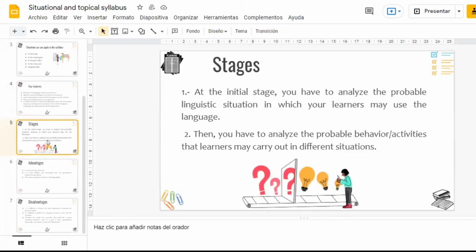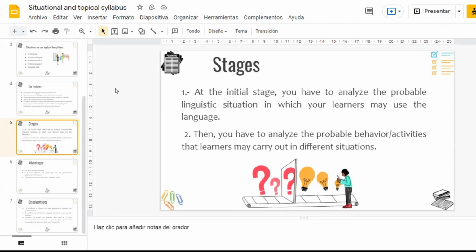For the stages of the situational and topical syllabus, we have two main stages. The first stage is that we have to analyze the linguistic situation in which learners might use the language, and then how we're going to provide those pieces of language, and how we are going to carry out the language.